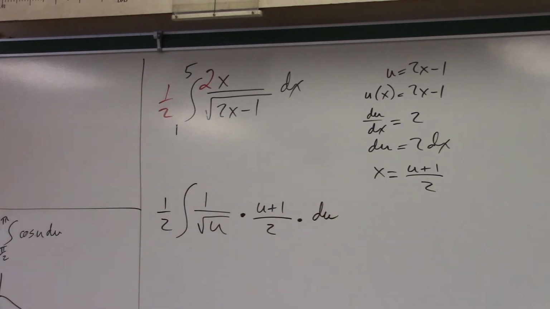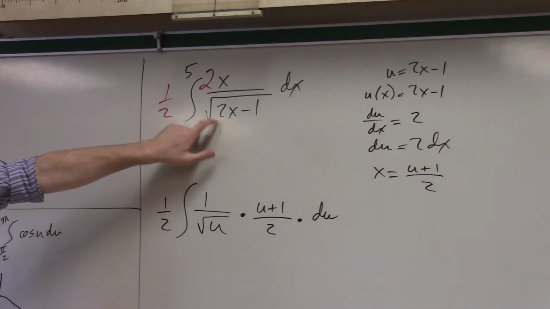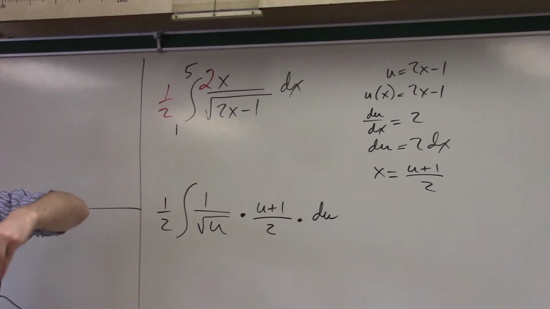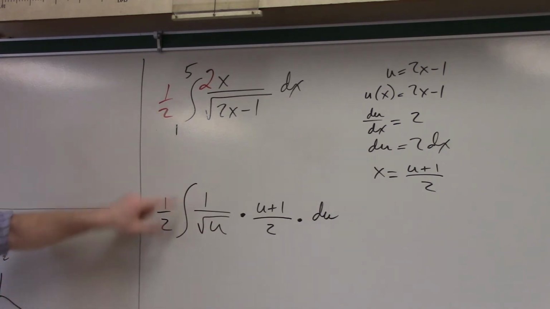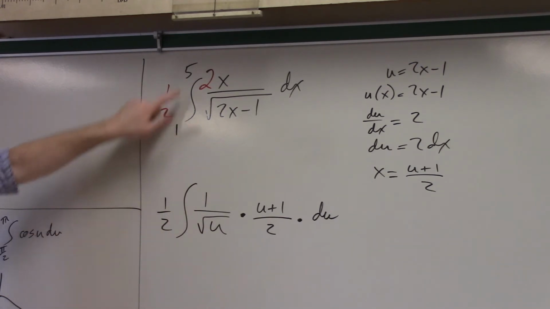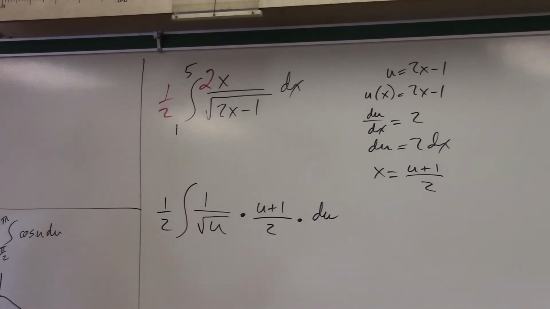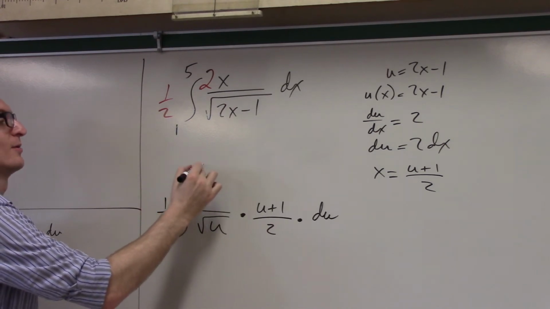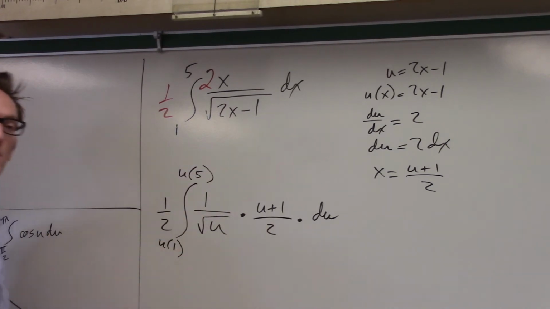You guys agree? But it is at this moment, as I am changing the integral from an integral of x values to an integral of u values, that I must change the limits of integration. This 1 and this 5 are x values. I need to make them u values. And so here, I change this to be u of 5, and this to be u of 1.